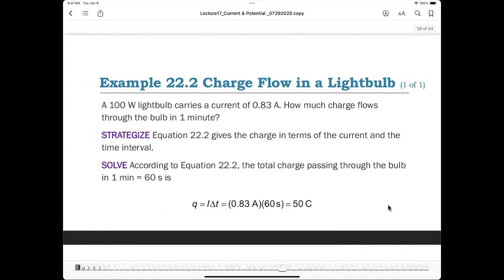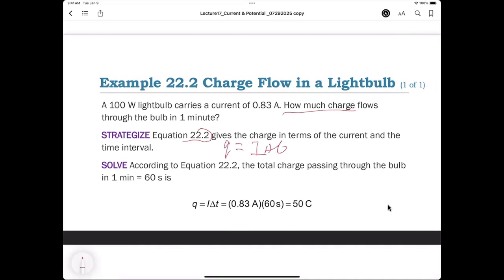Okay, let's talk about this example, a charge flow in a light bulb. A 100 volt light bulb carries a current of 0.83 amp. How much charge flows through the bulb in 1 minute? The equation gives the charge in terms of current and time interval: charge equals I delta t, am I right?